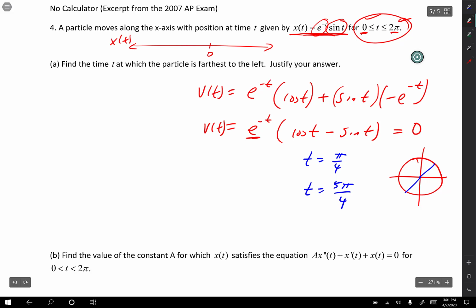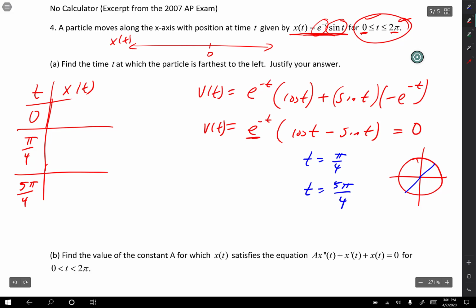So let's go ahead and create a table here. I'm going to call t for time and x of t. So 0 is first, and then pi over 4 is second. And then we're going to test 5 pi over 4. And then finally, we're going to test 2 pi. So let's see. If I plug in 0, x of 0 is just e to the 0 sine 0.